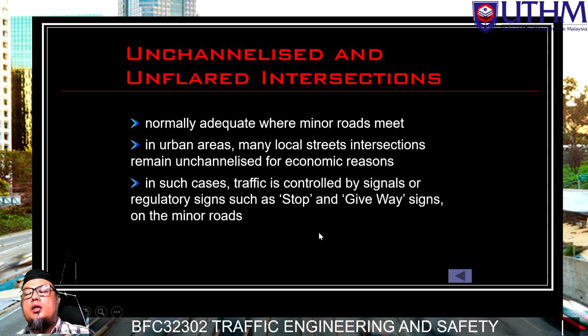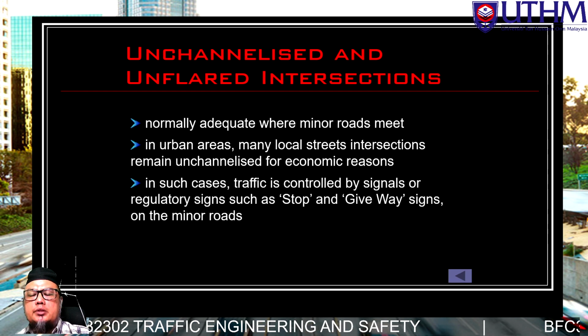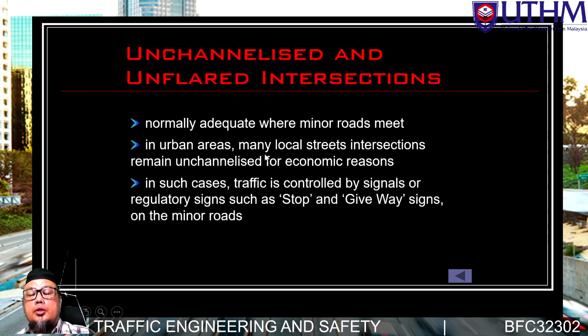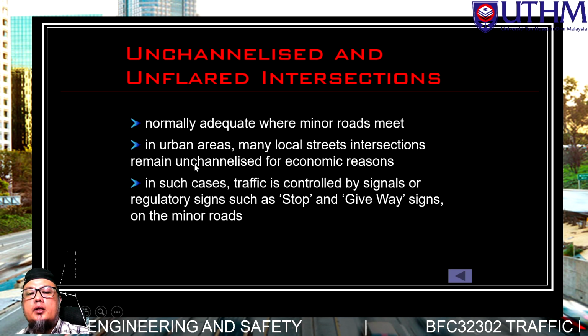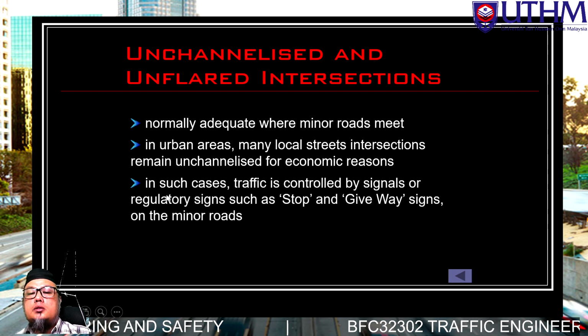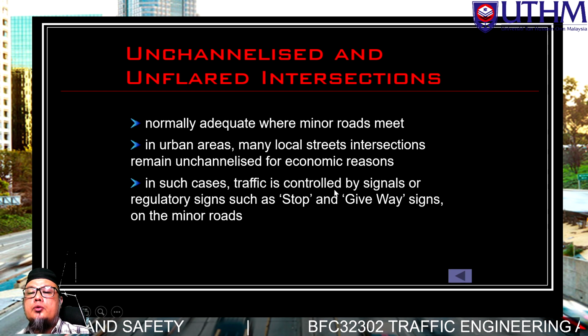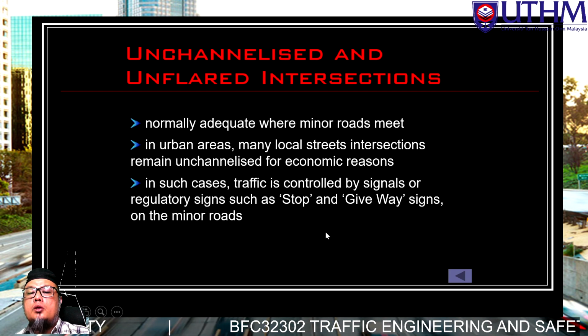Somehow they have a restriction on space, so they don't want to provide signalization because it adds more space. In such cases, traffic is controlled by signals or regulatory signs such as a stop sign on the minor roads.